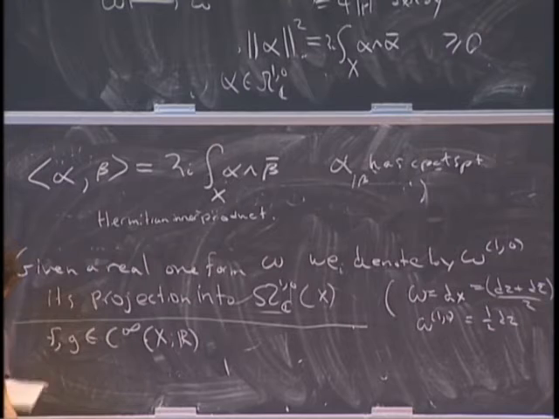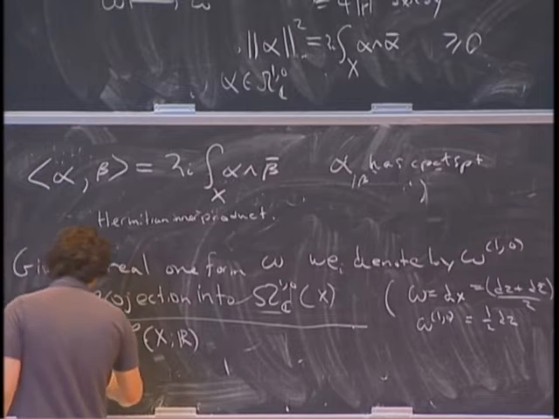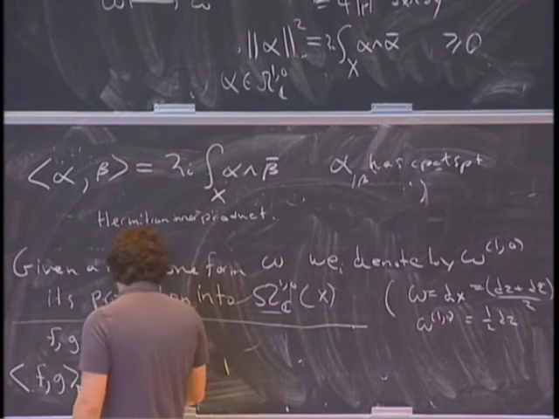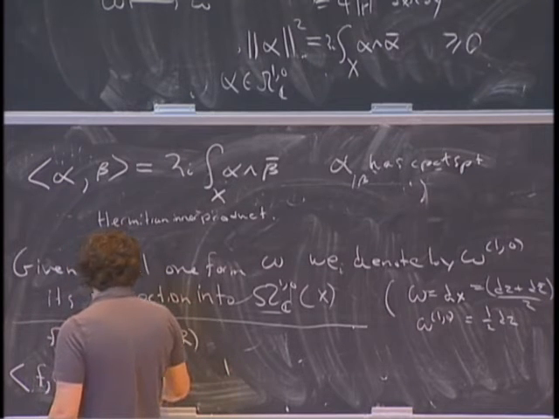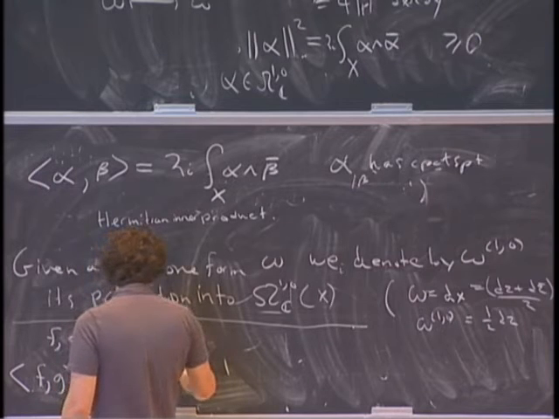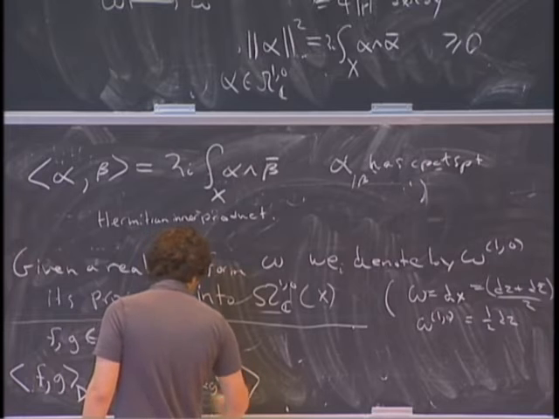We define what's called the Dirichlet inner product. By definition, say they have compact support, this will just be the Hermitian inner product of df^{1,0} and dg^{1,0}.